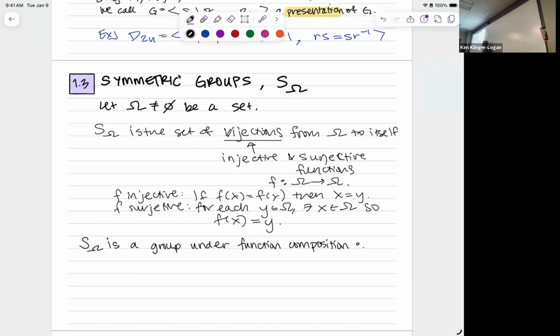If my operation is function composition, I'll leave you with one question. What is the identity element? The identity map. Yeah, the thing that leaves everything fixed. Good job. You're getting a fist bump. Okay, perfect. All right, I'll leave you there, and we'll talk more about the symmetric group next time. Thanks, guys.